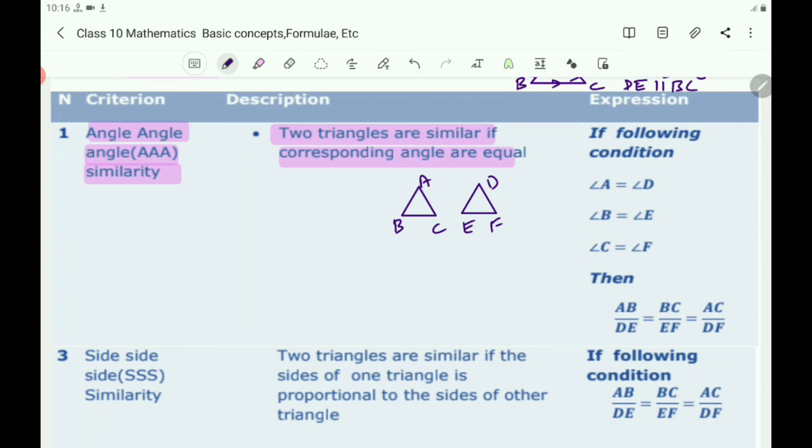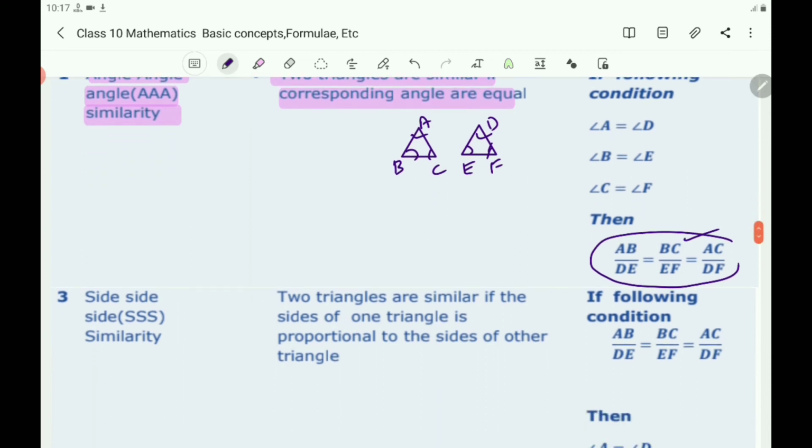Now angle A equals angle D, angle B equals angle E, angle C equals angle F. So their corresponding sides become proportional. If they are equiangular, their corresponding sides are proportional and they are similar.